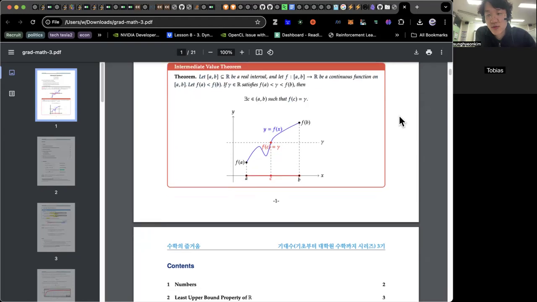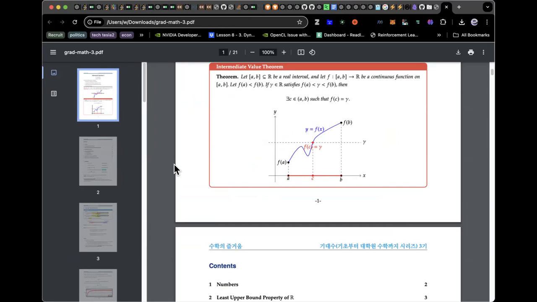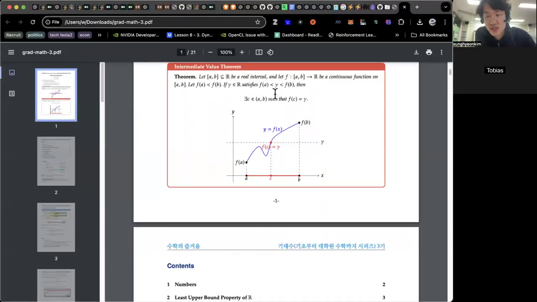Jonathan yesterday gave us a very interesting example, which was, let's say, Jonathan made a circle here, and the circle is a kind of temperature.